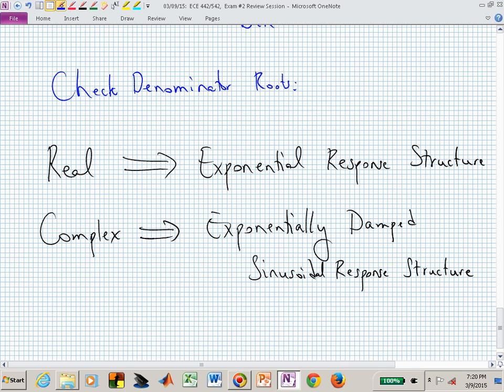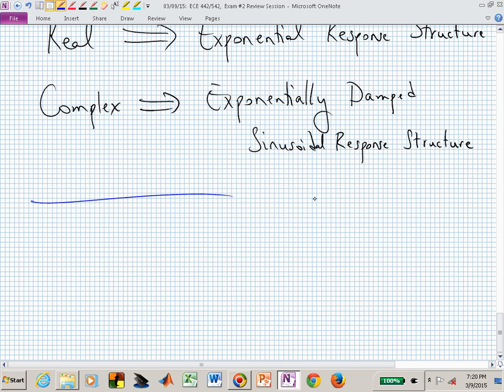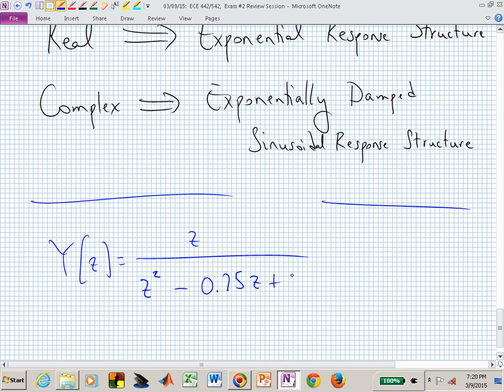Suppose I gave you the following. Maybe I presented you with Y of z is equal to z over z squared minus 0.75z plus 0.125. And if that's all I gave you, you couldn't uniquely identify the little y of n.